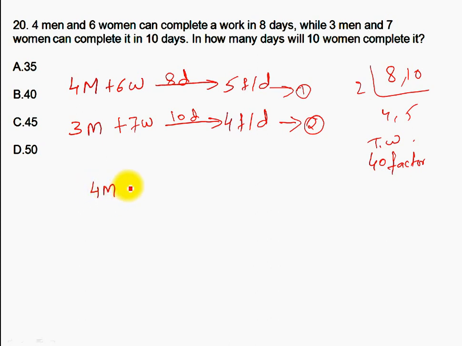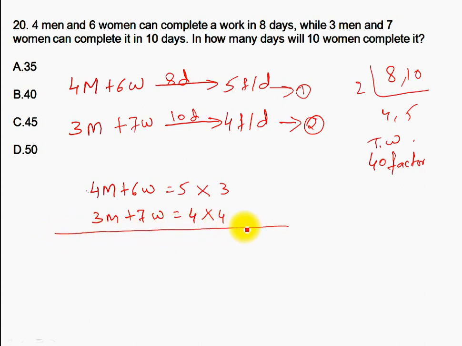In simple form I will write it as 4 men plus 6 women is equal to 5, and 3 men plus 7 women is equal to 4. We will multiply the first equation by 3 and the second equation by 4, because we have to equalize the men's value and it will become easy for subtraction.